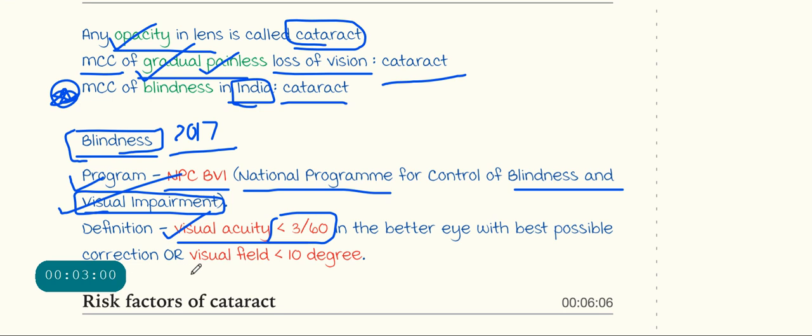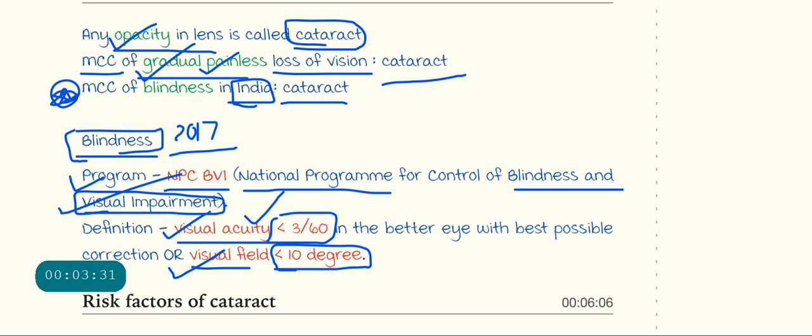The visual field is concluded as less than 10 degrees. Firstly the acuity was 6/60, now it is 3/60. So these are the definitions given by the NPCBVI.